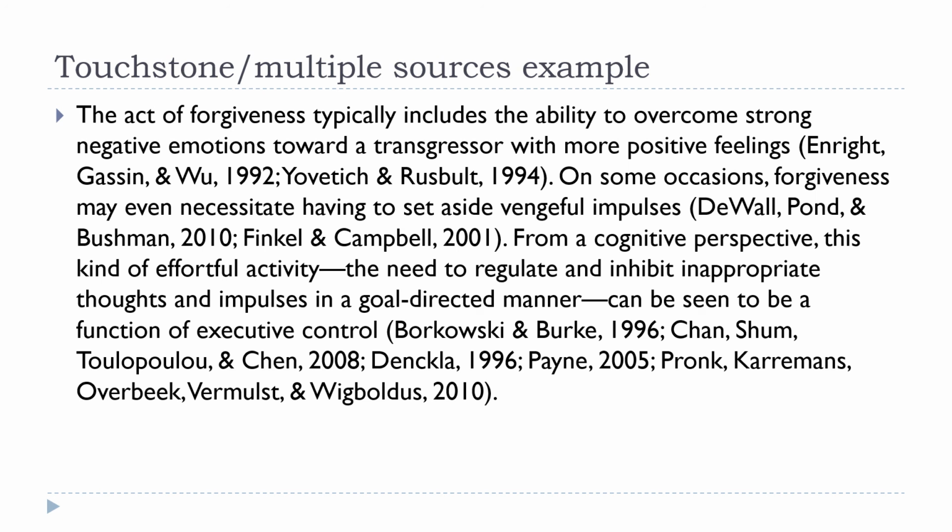You can see how both of those sources have that basic finding and that they're both cited as evidence for that. And then it says, on some occasions, forgiveness may even necessitate having to set aside vengeful impulses. DeWall, Pond, and Bushman, 2010; and then Finkel and Campbell, 2001. You can see how both of those sources might be about forgiveness having to set aside vengeful impulses.